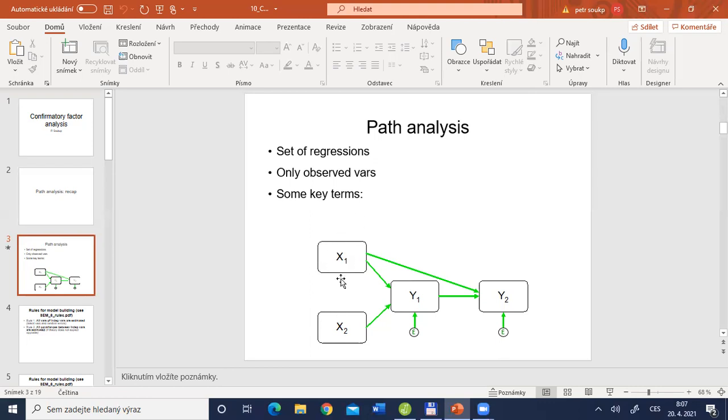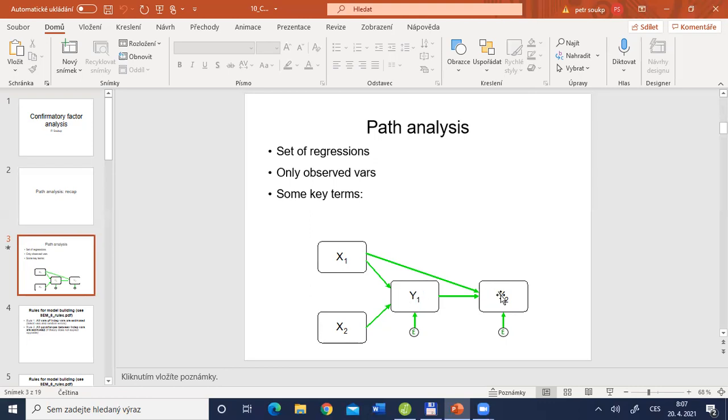So these two variables are exogenous, as there is no single-headed arrow pointing to them, and variables with at least one single-headed arrow are called endogenous. Exogenous means they are not explained by the model. Endogenous means they are explained by the model.